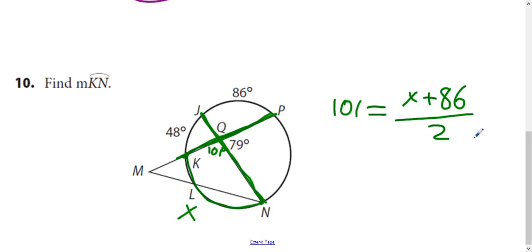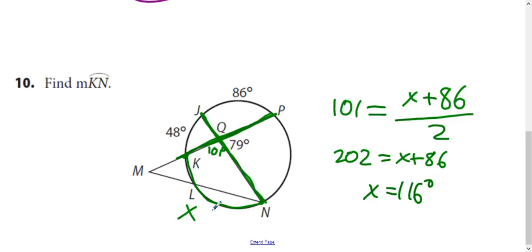That's the chord equation for angles. So 101 times 2 is 202. 202 minus 86, we get x equals 116. So that arc that we were looking for, KN, is 116 degrees.